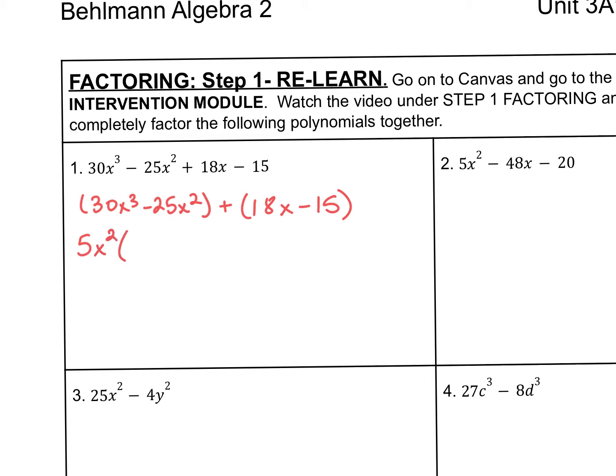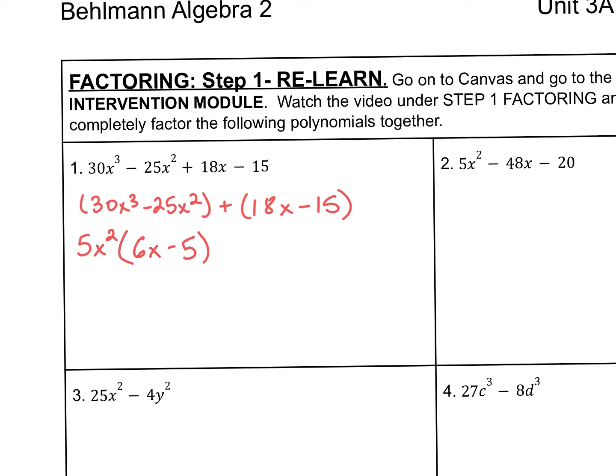When we take that out, we divide. 30 divided by 5 is 6. X to the third divided by x squared just leaves me x to the first. Negative 25 divided by 5 is a minus 5, and the x squareds cancel. We check for a GCF in the second two, 18x and 15.